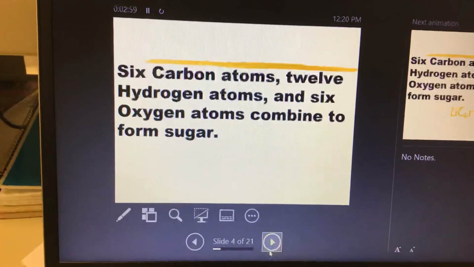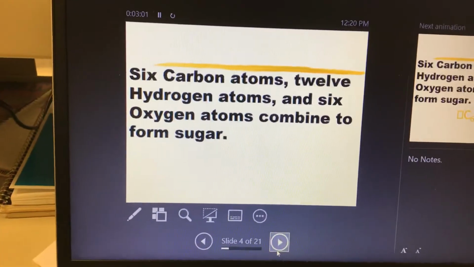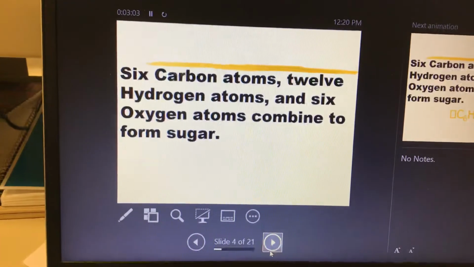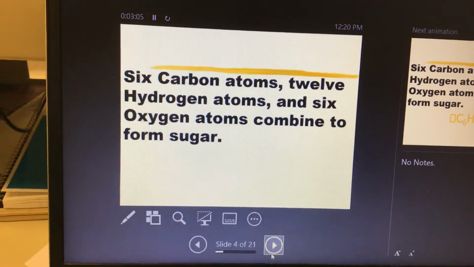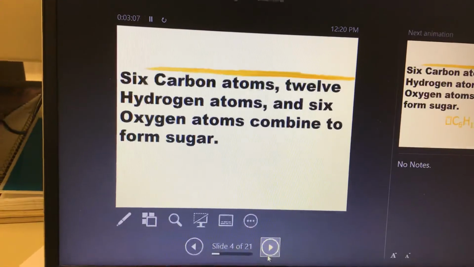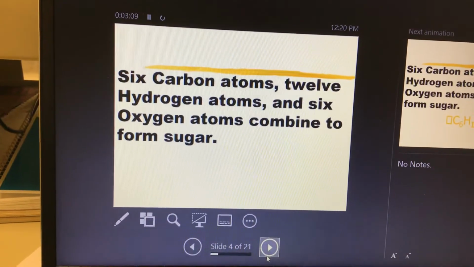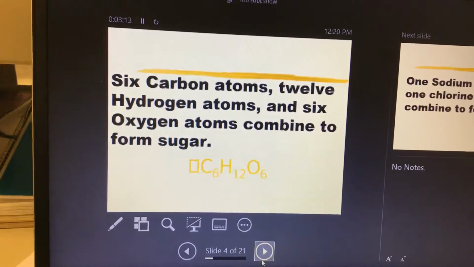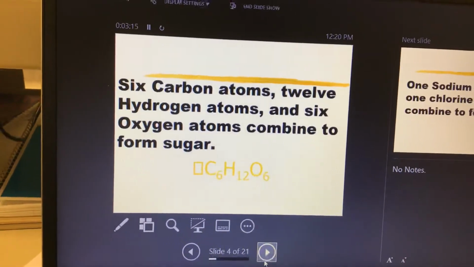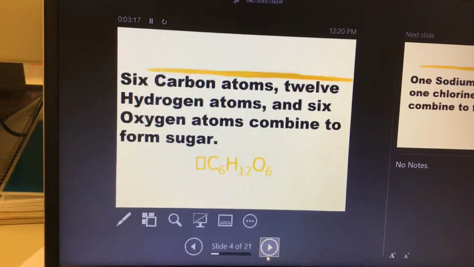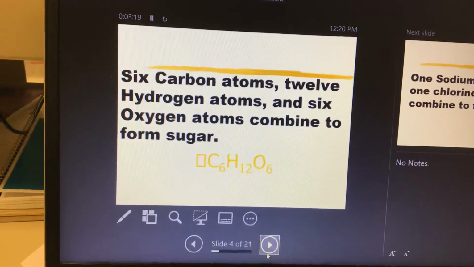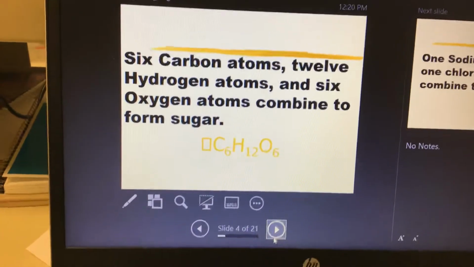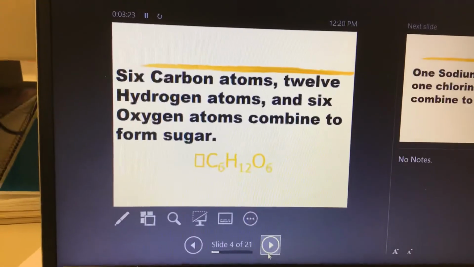All right, 6 carbon atoms, so it'd be C6, 12 hydrogens, so H is hydrogen, H12, and then 6 oxygens, so O6. So C6H12O6, that is sugar. That's the chemical code for sugar. Hopefully that makes sense.